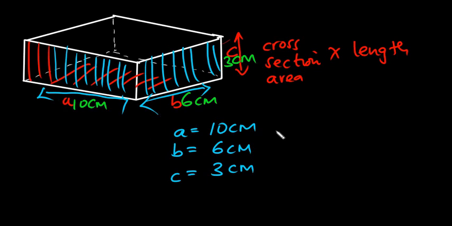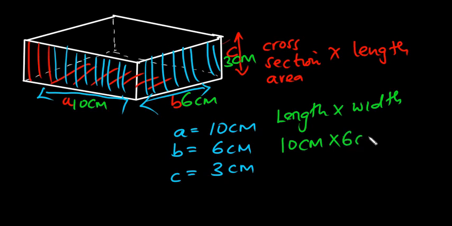We're going to have the area of the base, which is a rectangle, and we know that to find the area of a rectangle, we need to multiply the length by the width of the rectangle. So if we take the base to be the cross section, the area of the base is going to be 10 centimeters times 6 centimeters.